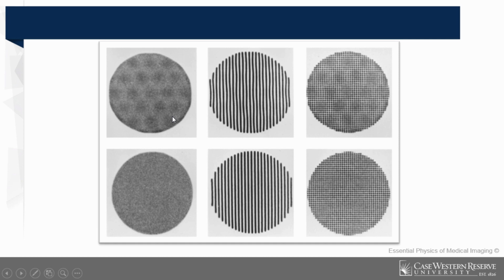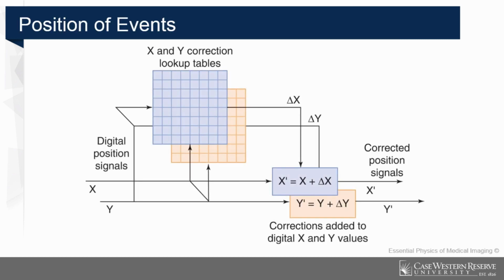Those further away will get less response signals. So how do you determine X and Y coordinates? Well, you calculate your center of gravity among all those PMTs to determine the position. As shown here, once you determine X, Y, you will be able to locate it within the image array where it is.